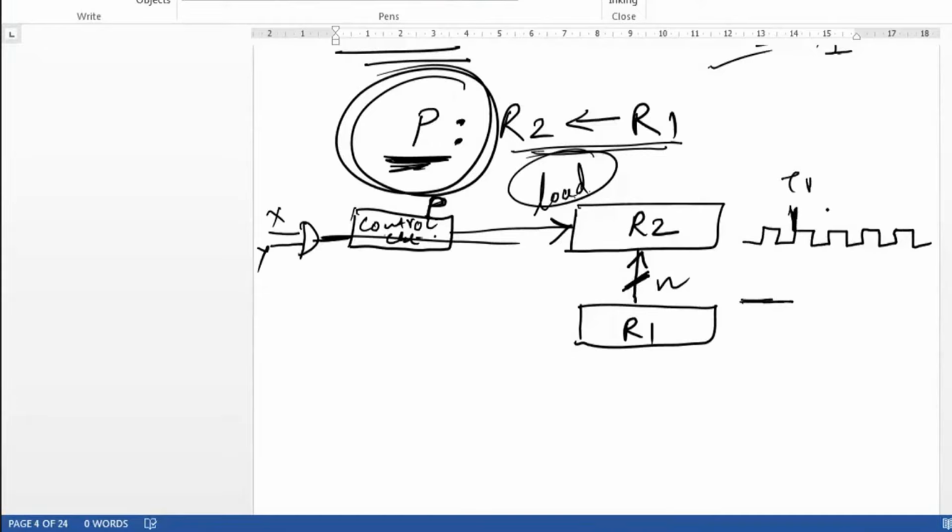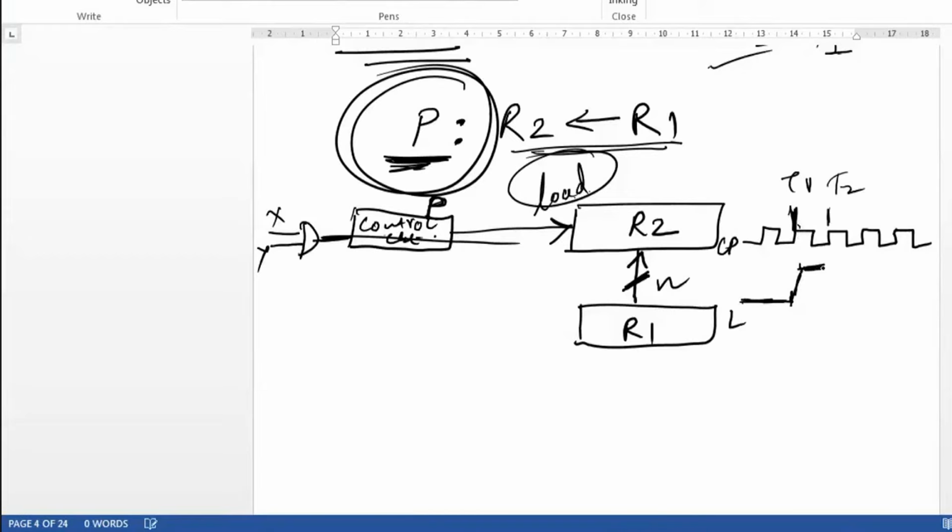This is time t2. Now, initially your load is 1. This is your clock pulse. अब load इस point पे t1 वाले point पे 1 हो रहा है. Okay, अब यहाँ पे वो 1 हुआ. So this is, my load is high at this particular time.